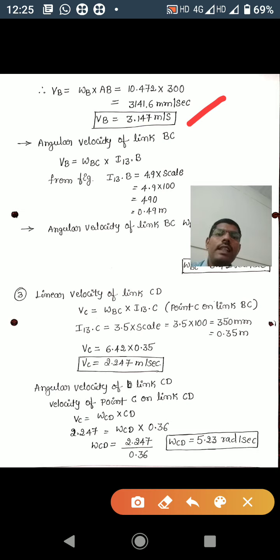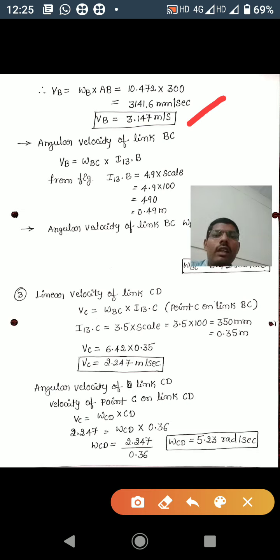I told you AB is extended, then CD is extended, and you are getting the instantaneous center I13. If you extend the line AB, B is a point on it. If you extend the line CD, C is a point on it.